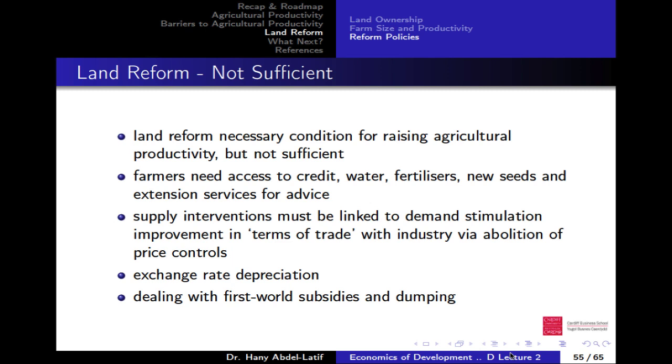That's why I'll tell you a hint about what happened. Land reform in Egypt was a way to gain political support because it was a new regime. Before that we had a king, it was a kingdom, and that was overthrown by the army. So, of course, they needed political support.